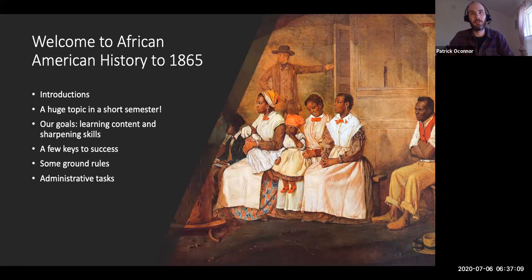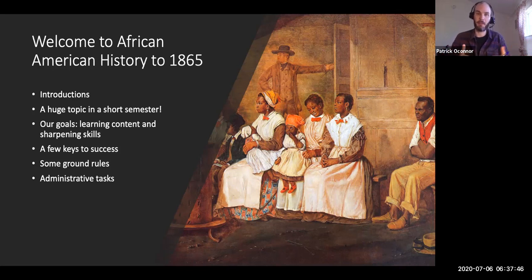This is also a huge topic, not only because of its long time span, but because we're going to be studying an amazingly diverse geographical region. Slavery and the broader African American experience took different forms in different places. Of course, this is true of comparing places like Brazil to Jamaica to South Carolina, right? But even if we just zoom in on North America, slavery looks really different depending on where it's taking place, right?